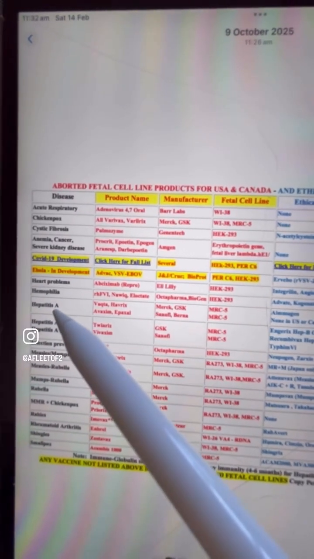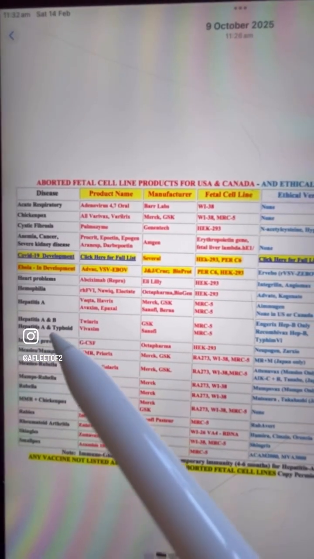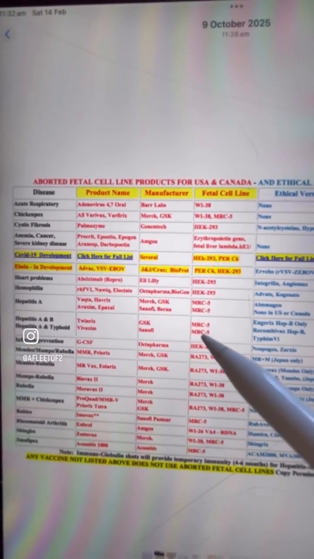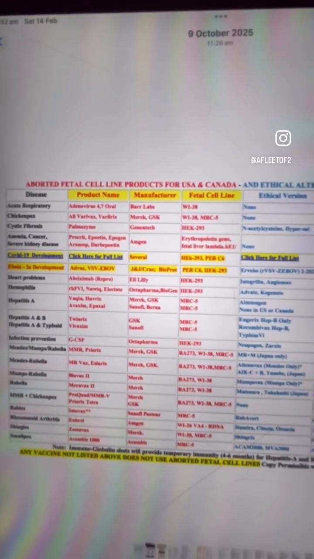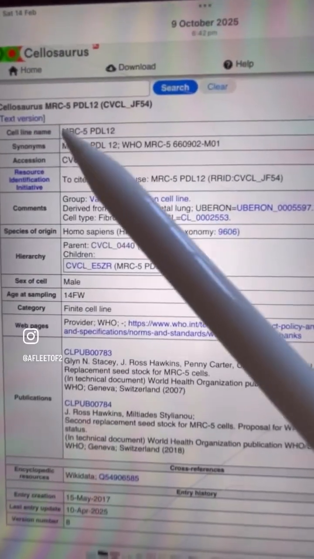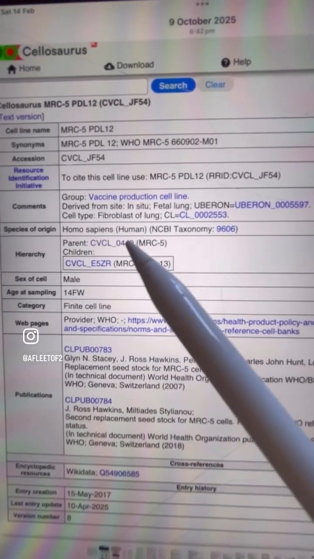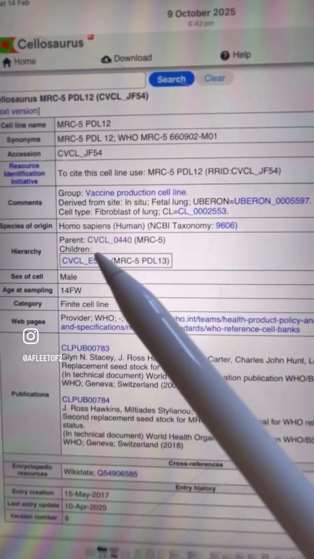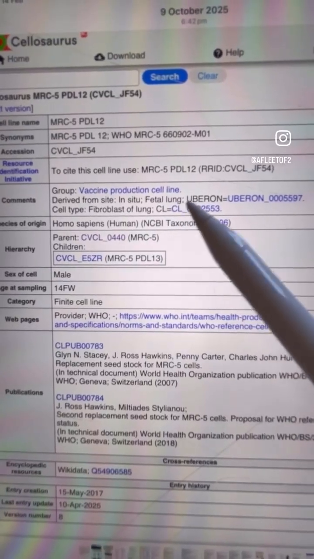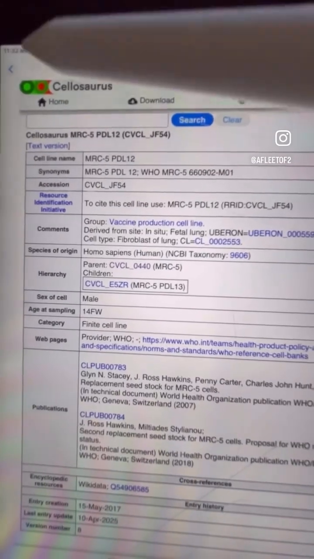That's for the hepatitis A vaccine, which I have had. Hepatitis A, B, and typhoid. I think I've had typhoid as well. That's derived from this MRC5, 14 fetal week, from a fetal lung. So that's how you can check it out. This is Cellosaurus.